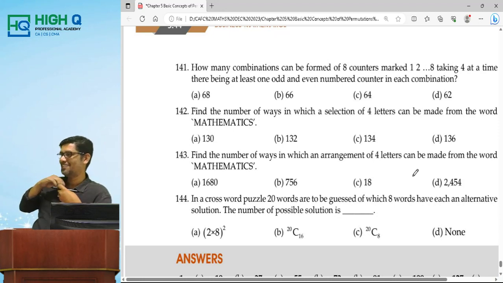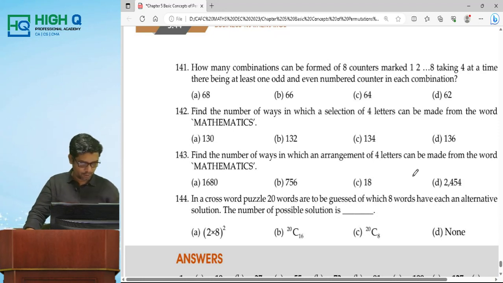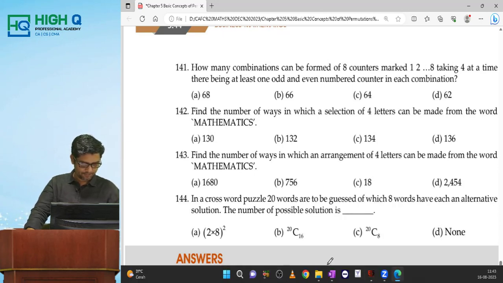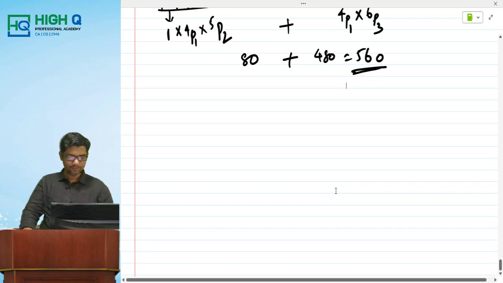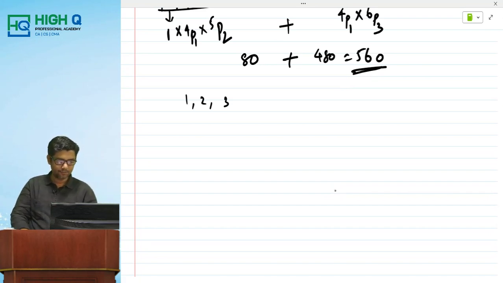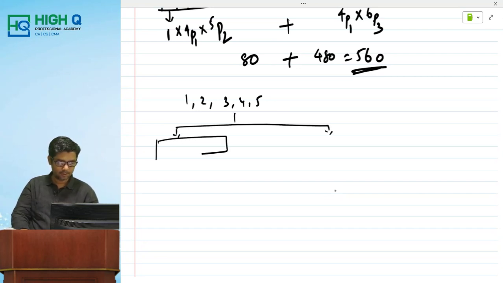Option D. Now can you please give me the given digits? 1, 2. So the number is what? Greater than? First digit 2.